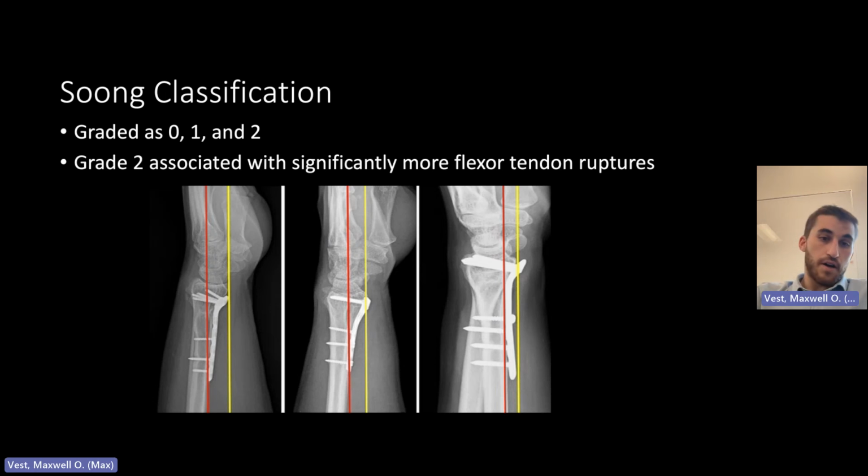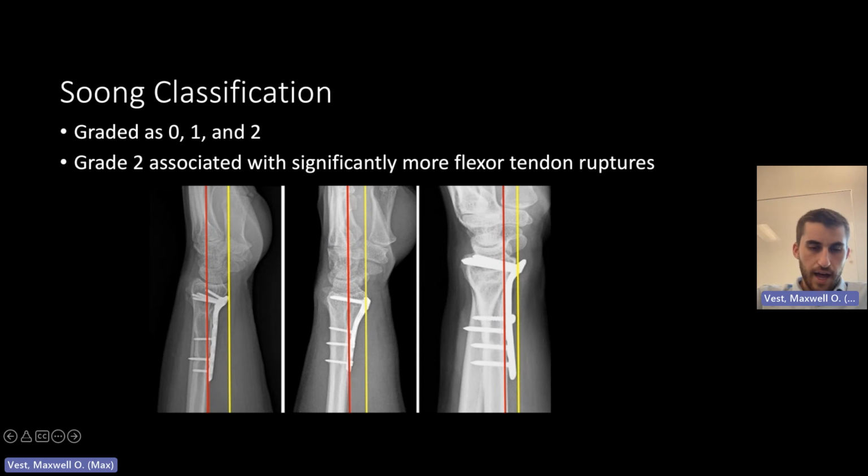So another classification that's important to understand in regards to distal radius plates and volar plates and tendon ruptures, the SUM classification. And in this, there's 3 grades, grade 0, 1, and 2.